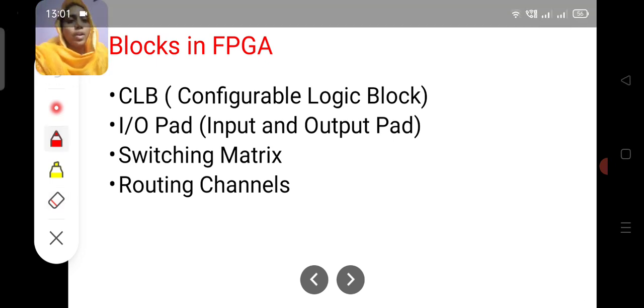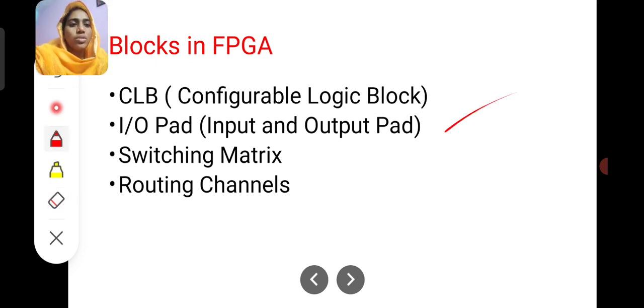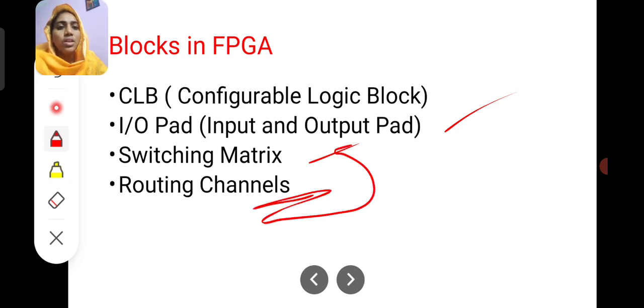And we have IO pads, using which we can connect input and output devices, and the switching matrix. The routing channels are connected to the switching matrix. The switching matrix will take the input and connect it to the CLBs.